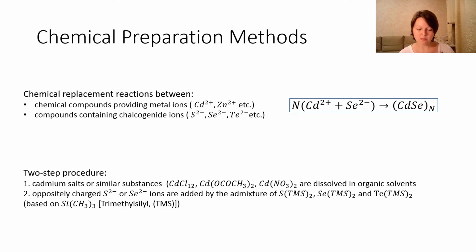The most common methods to synthesize nanocrystals of type II-VI are chemical preparation methods. Chemical replacement reactions usually happen between chemical compounds providing metal ions and compounds containing chalcogenide ions: sulfur, selenium, and tellurium. The chemical reaction in general case can be written in this form.